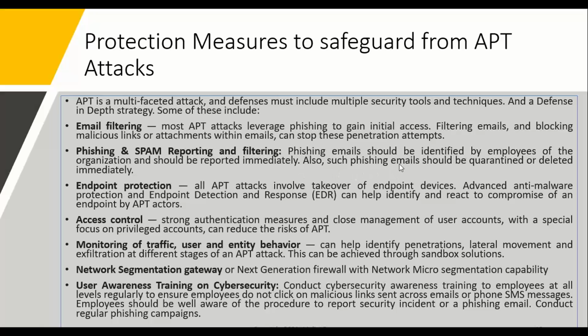Such phishing email should be quarantined or deleted immediately, right? So the phishing and spam reporting option should be available via your Outlook email, as a Report Phish option, and then the employees can click and report to the security team, and they can investigate it further, and the email should be quarantined immediately.